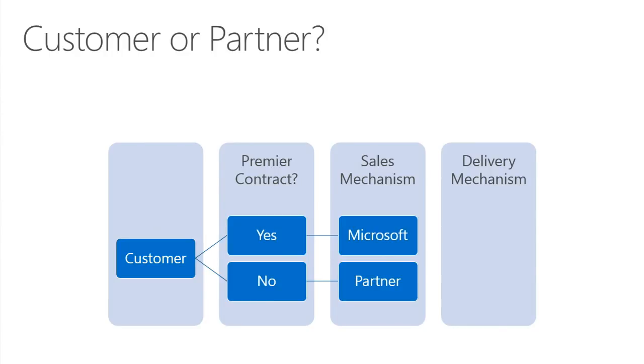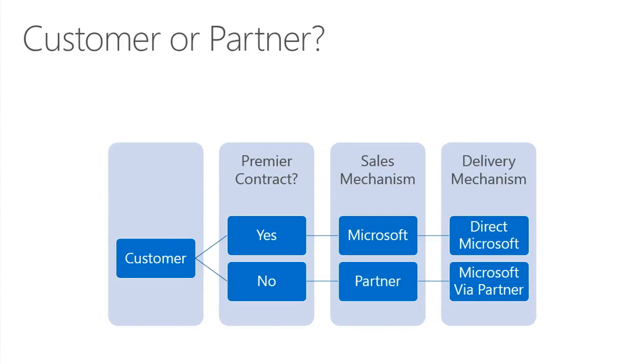If no, it's only available through a partner. But how it's delivered will differ as well, depending on the relationship between you and the partner. Microsoft always delivers RASs, so if it's direct through us, it's one of our engineers. That's pretty self-explanatory. The partner approach, on the other hand, is still delivered by us. However, we have a couple of other links just to highlight.